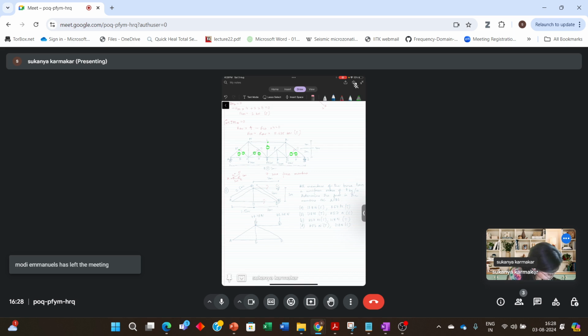Similarly, you will have contribution at this node from the members AB, BE as well as BD. So AB is 2.5 meter in length, into 8 into 9.81 divided by 2. So this is like 98.1 and 98.1. Then consider BE. Length of BE is 2 meter. So again it will be 78.48, and in this direction 78.48.